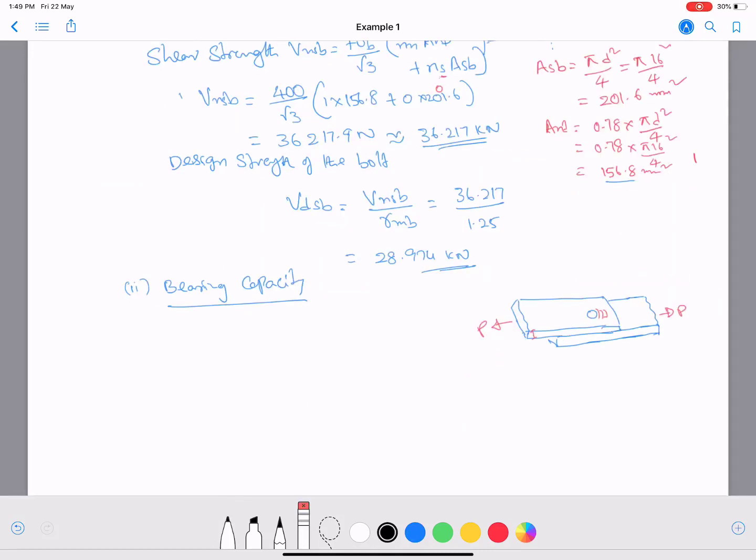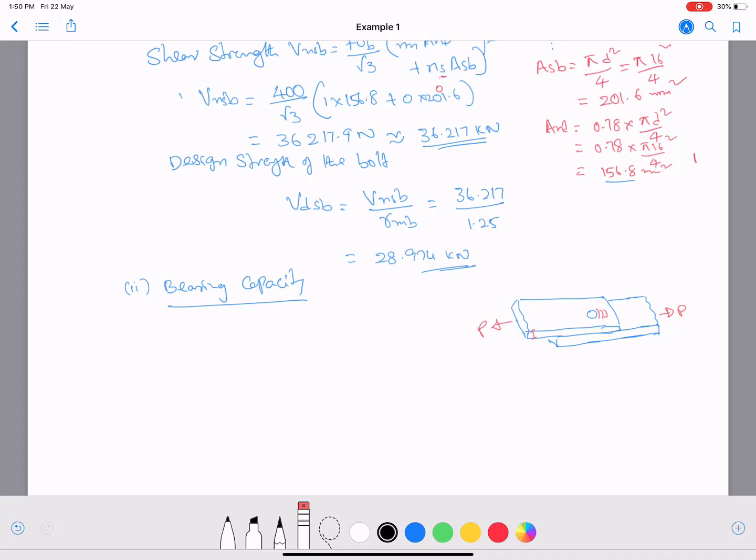Let's discuss bearing capacity. The bearing capacity of the bolt is nothing but this: when the plates are subjected to the force, the bolts are in shear. And when the bolts are subjected to shear, if there is not significant enough friction in the joint to prevent the slip, bearing will occur.